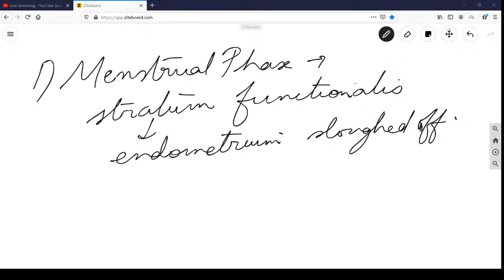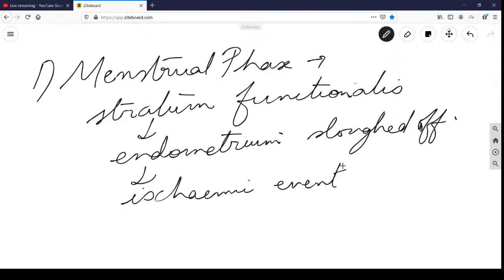The blood vessels that supply it with nutrients and oxygen begin to constrict and dilate spasmodically. These vessels bleed as the lining degenerates, so they die due to an ischemic event.